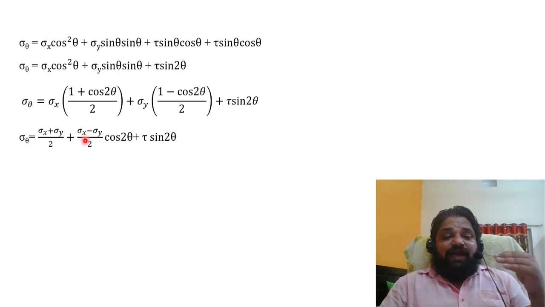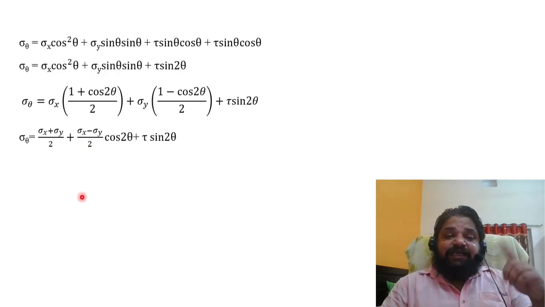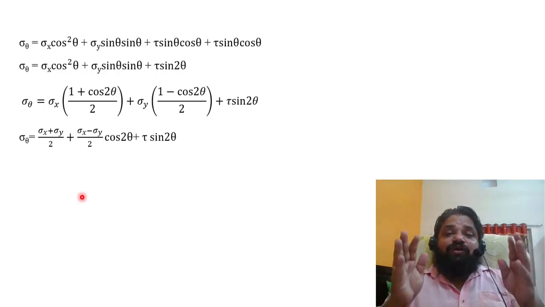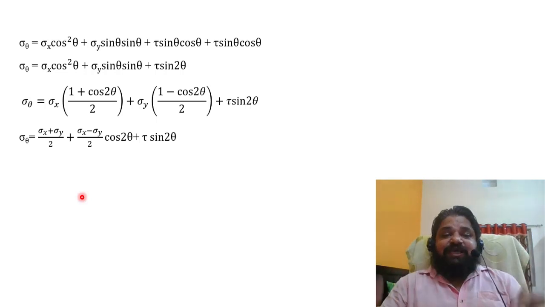You see, we started with sigma x, sigma y, and tau on different planes. Now we convert all this, sigma x, sigma y, and tau xy, into a single form, or we are trying to represent the multiple kinds of stresses in a single normal form of sigma theta.